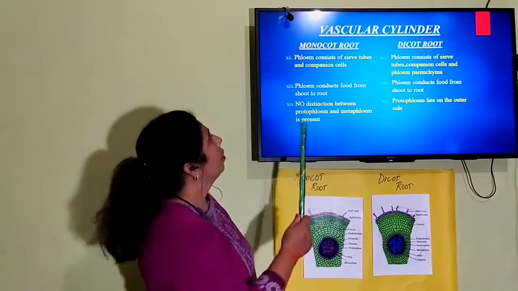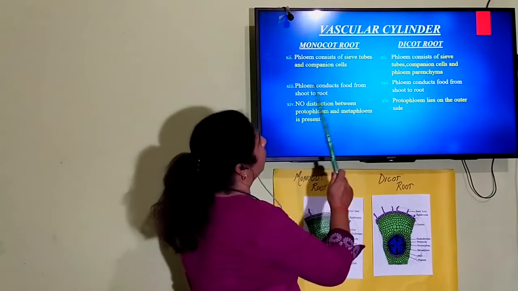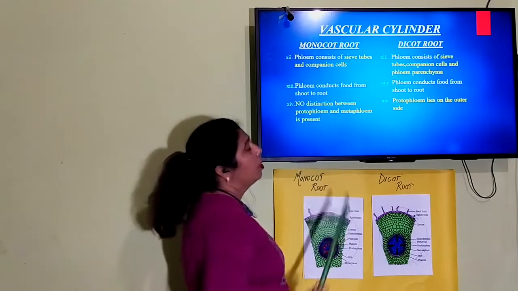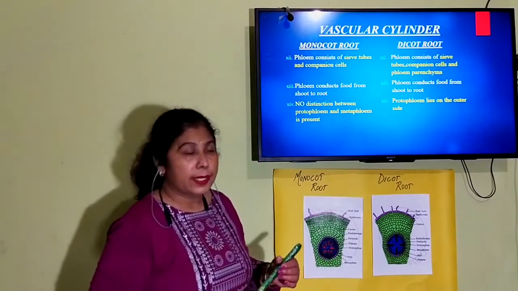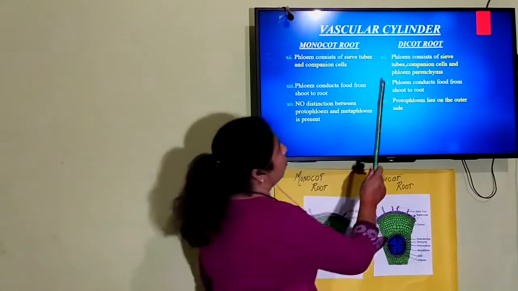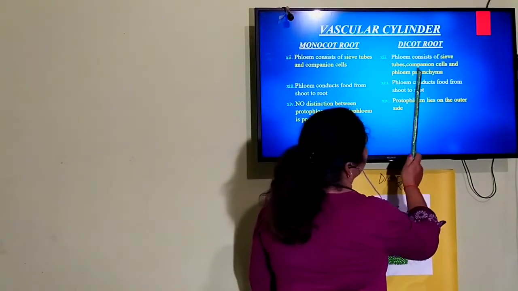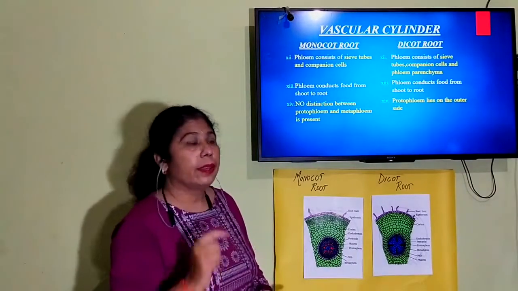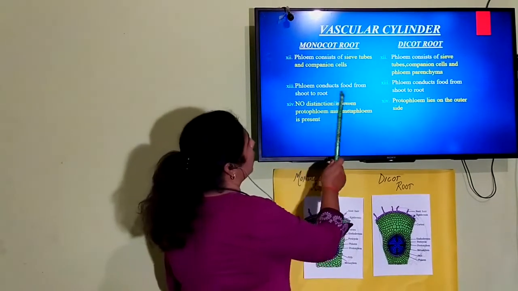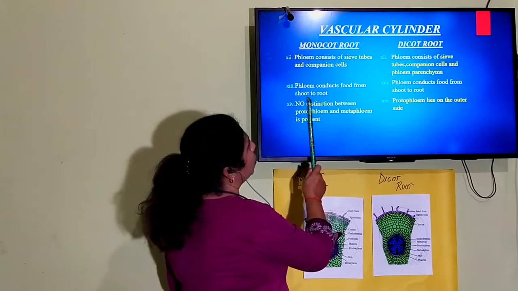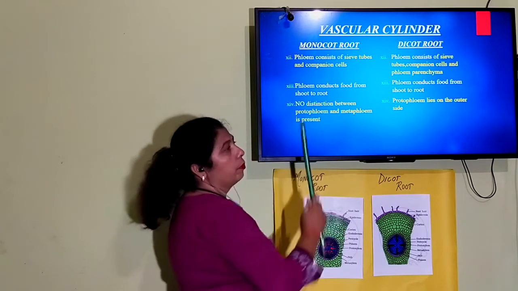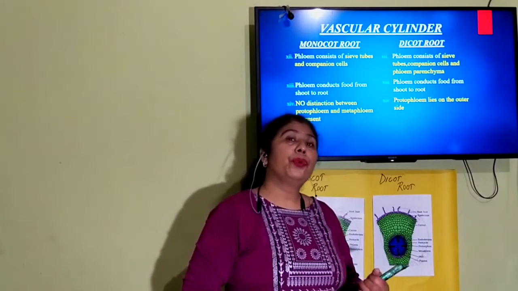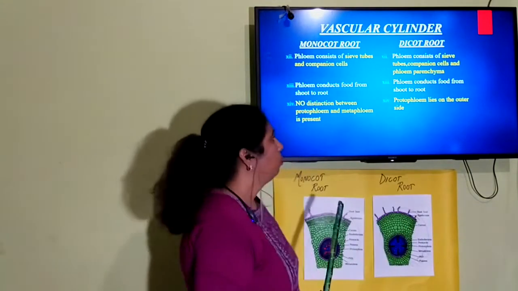Now, difference in the phloem. In monocot root, phloem consists of sieve tube and companion cells. Here in dicots, the phloem consists of sieve tube, companion cells and phloem parenchyma. Phloem conducts food from the shoot to root, in the case of dicot also.